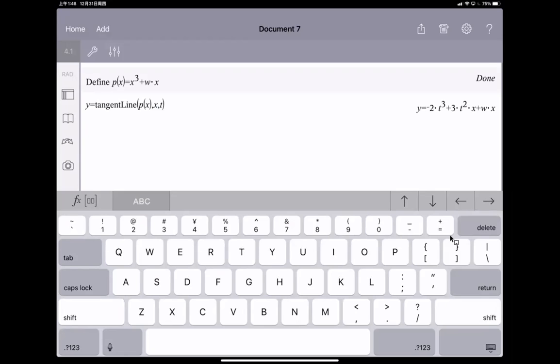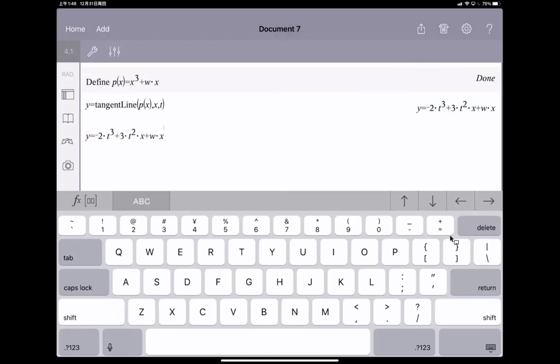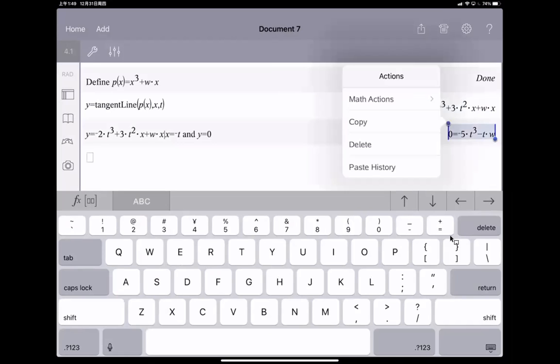Now they tell you you have something. What? It is the x-intercept, x equals minus t, and y equals 0. Substitute the x and y's in the equation, you get a reduced equation in terms of t and w only.